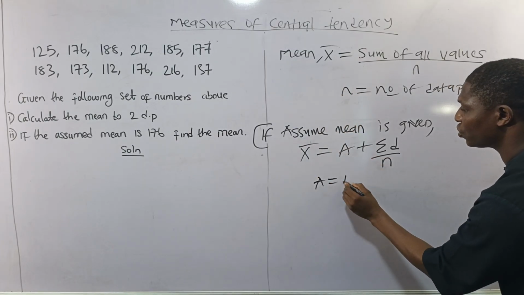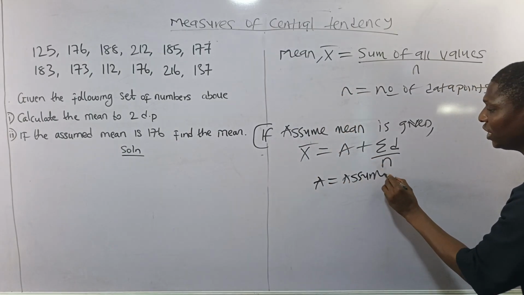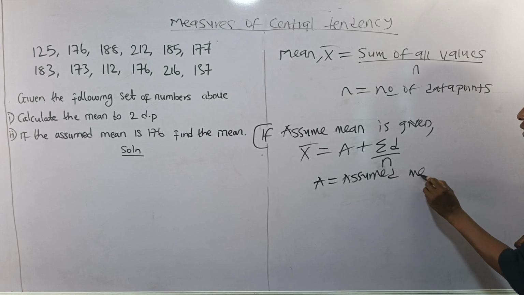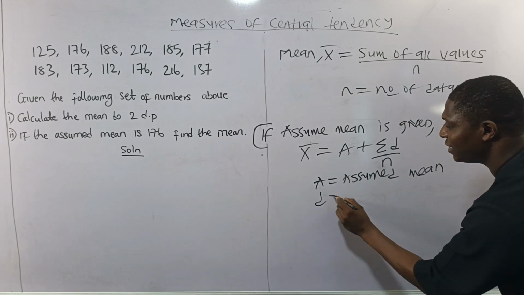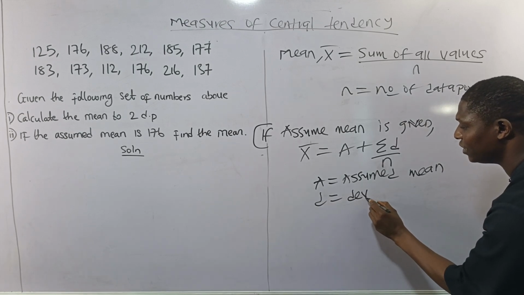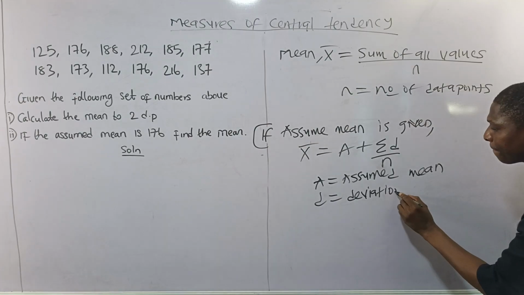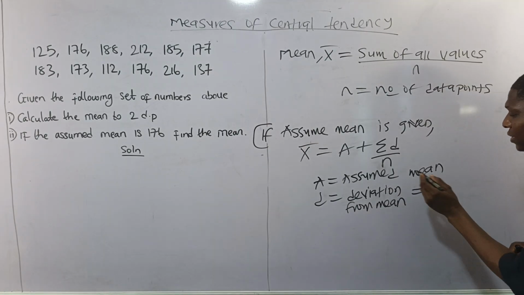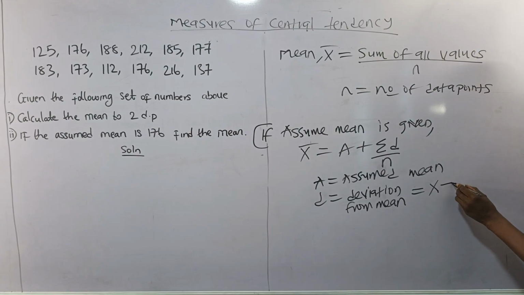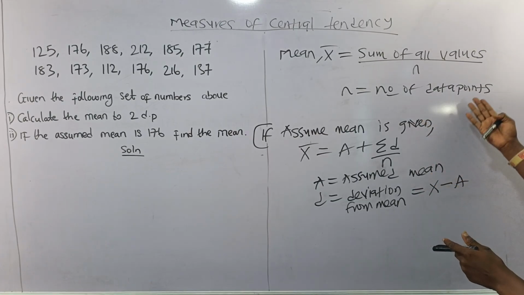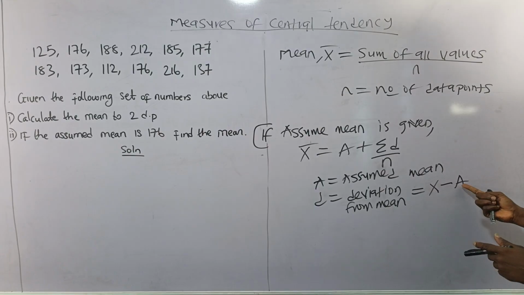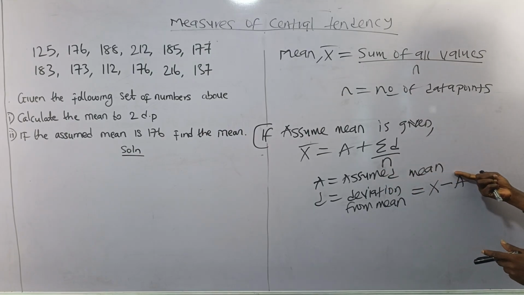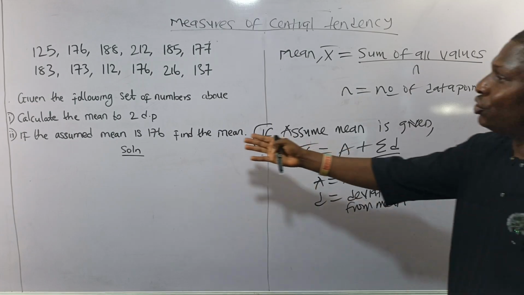Our A is the assumed mean, which is generally given in the exam. And our D is the deviation from our mean, and is taken as x minus A, where x is the data values given, while A is the given assumed mean.